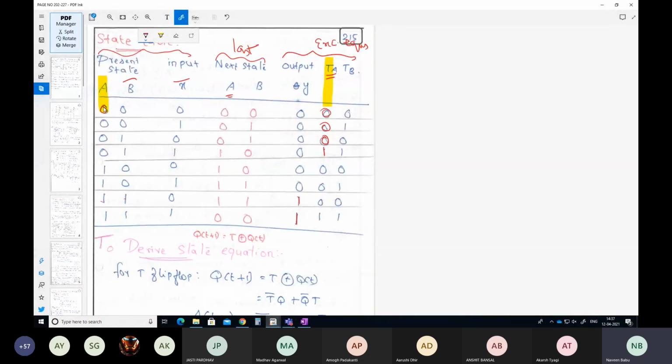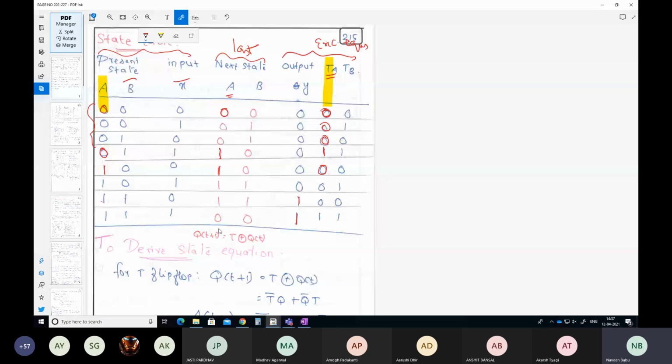When your present state is 0, your T input is 0, it is 0. I think the first three rows are the same. When your present state is 0 and your toggle input is 1, your 0 will toggle to 1. Then when your present state is 1 and your toggle input is 0, it will be the same.